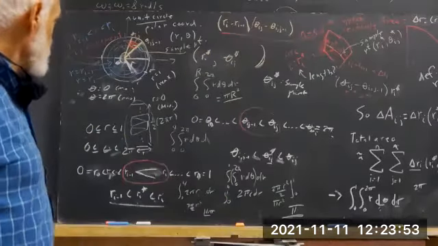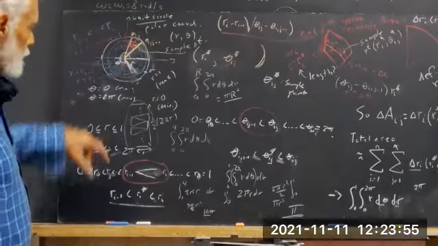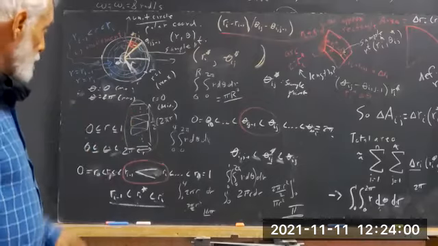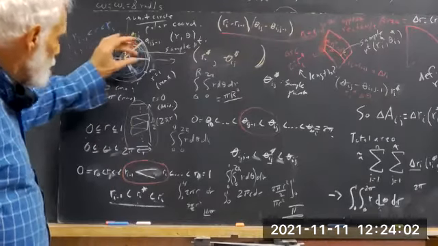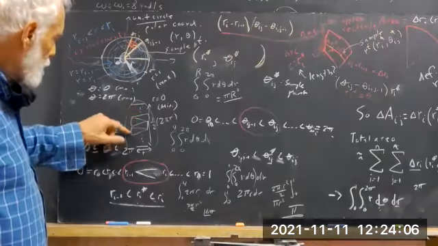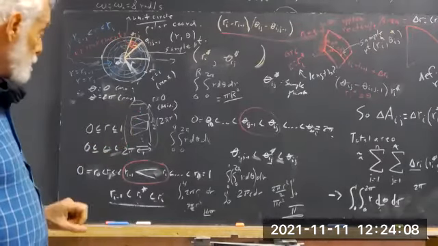I also comment that you can break a circle into sectors and stack the sectors like I've done here. If you make the sectors very tiny, with a small angle, then these arcs become almost straight lines.